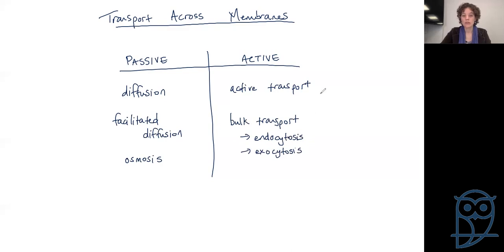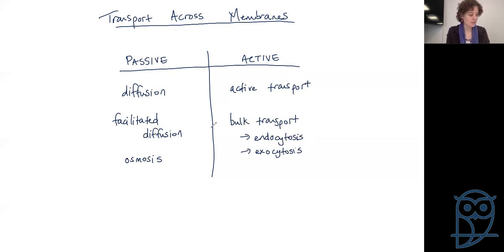All of these three, exo, endo, and active transport, all require energy in the form of ATP in order to be able to happen.